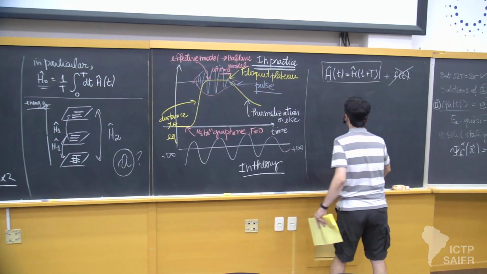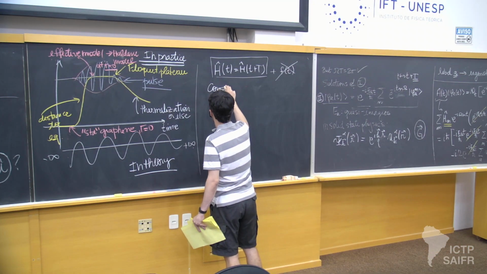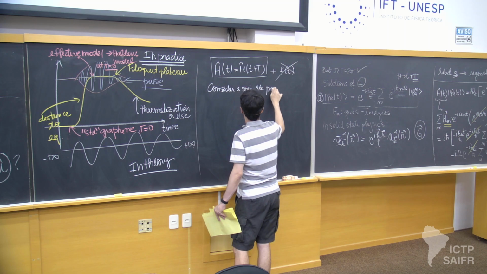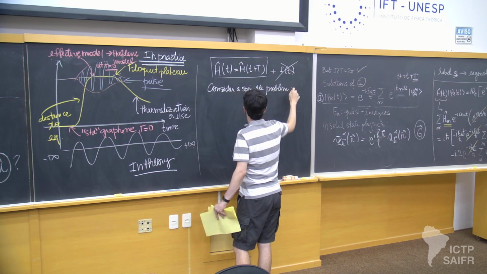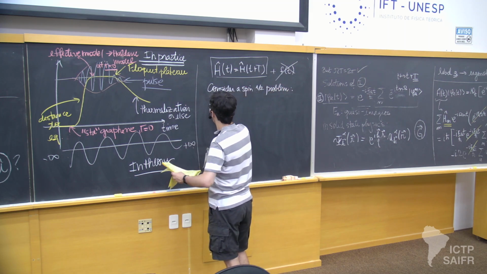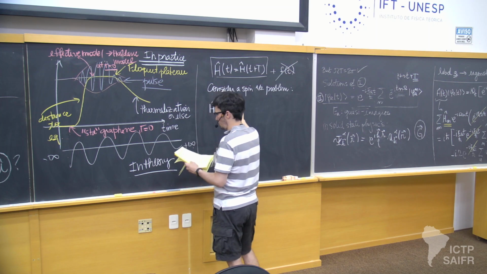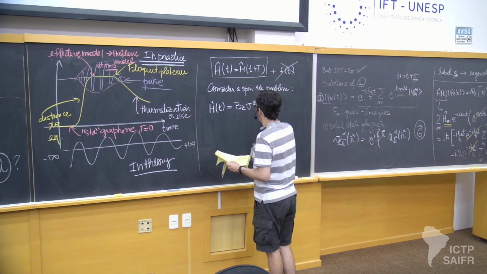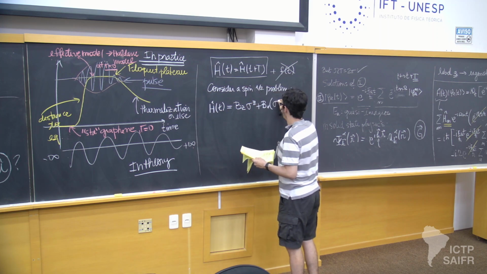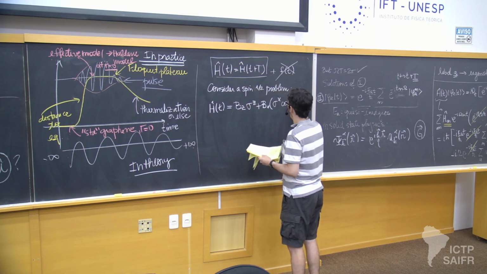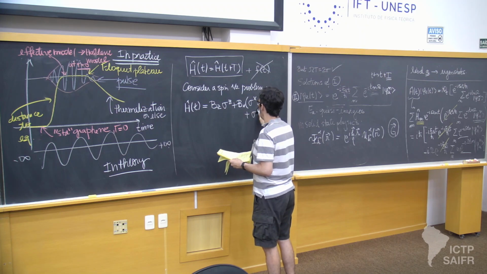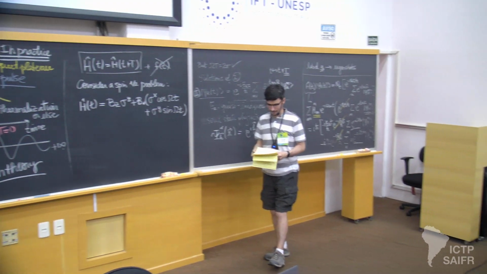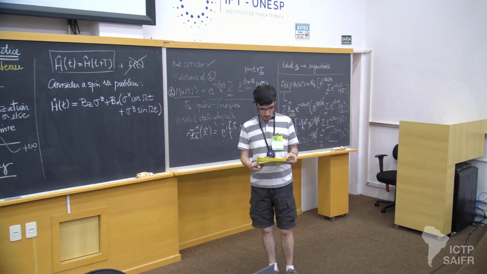Consider a spin half problem. The Hamiltonian is an explicit function of time: bz sigma z plus b parallel, sigma x cosine of omega t plus sigma y sine of omega t. This is the Hamiltonian that we want to solve.